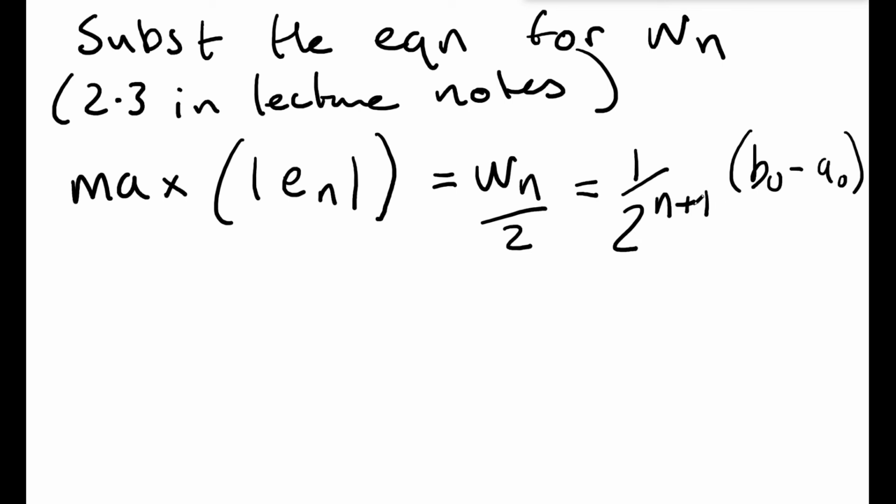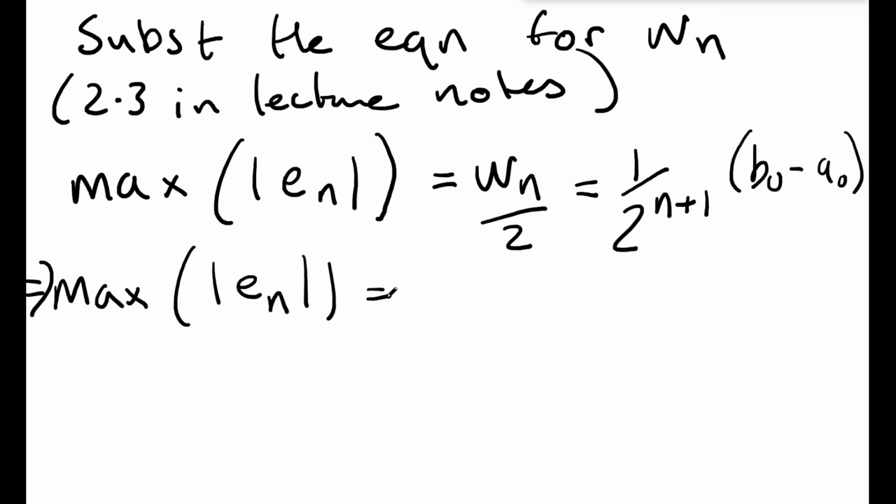So that gives you the 2 to the n plus 1 down here, and you've got a law for your error. But of course, this b0 minus a0 is simply your maximum error initially. Another way of writing this down is that the max of the absolute value of En is Bn minus An on 2, and of course that is just your maximum error.